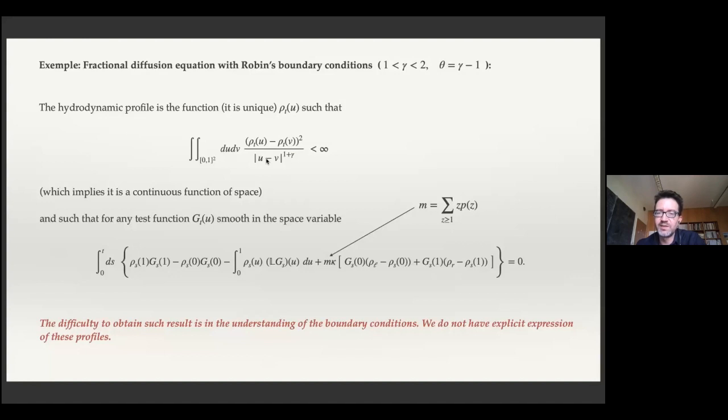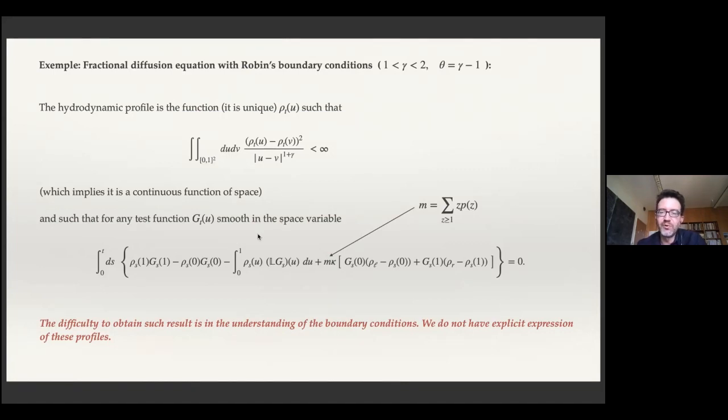Since you have the singularity here and this gamma is less than 2, you need some regularity. But you have seen in the previous picture that I showed you about the profile, they are not regular at the boundary, they are not differentiable. So it is not so evident to define what is a regional fractional Laplacian applied to rho. It is impossible, in fact, because it is too singular at the boundary. So you have to pass by some weak formulation to characterize this hydrodynamic profile.